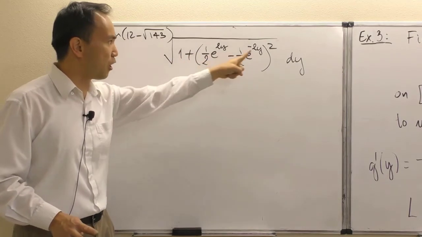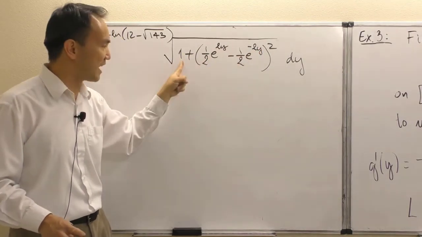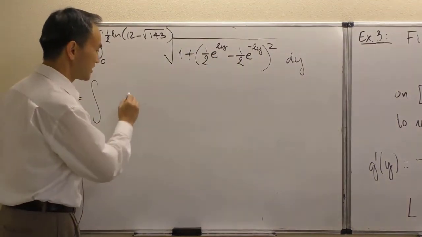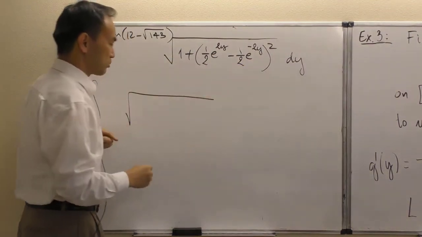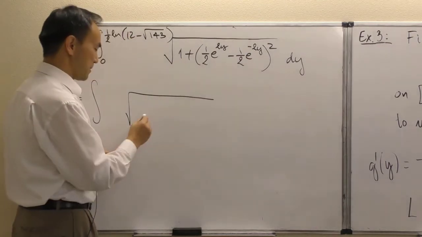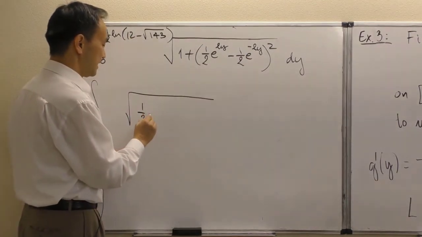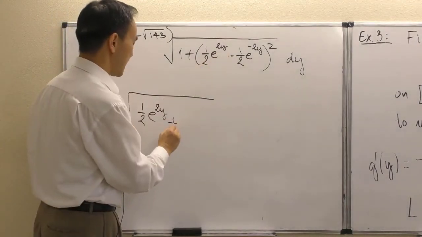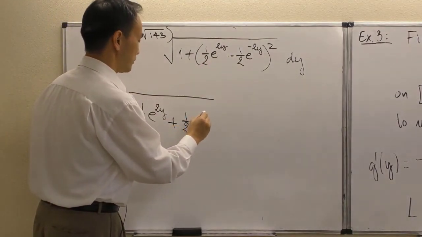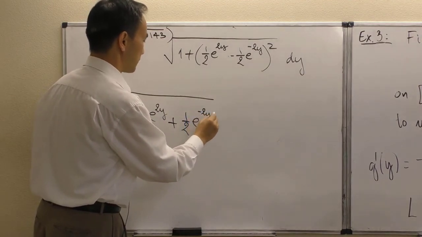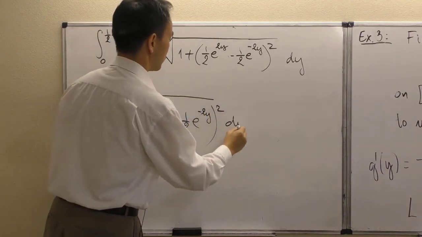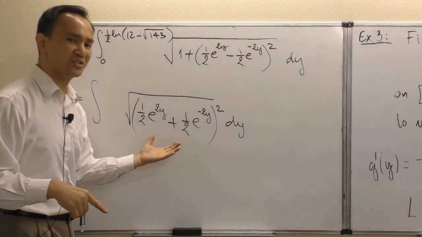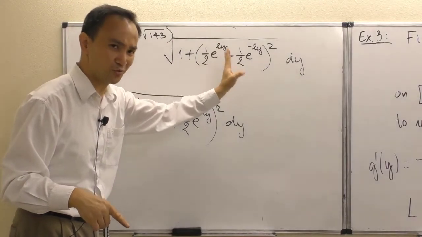After foiling out the overall square and adding that 1, I can rewrite the integral as the square root of a perfect square: 1/2 e to the 2y, but now no more minus, it's a plus, so 1/2 e to the minus 2y, all squared, dy. If you roll back to example 2, you'll see how I did something similar and you will understand.